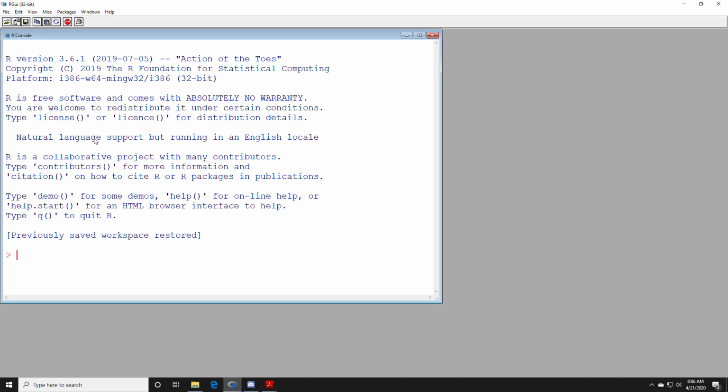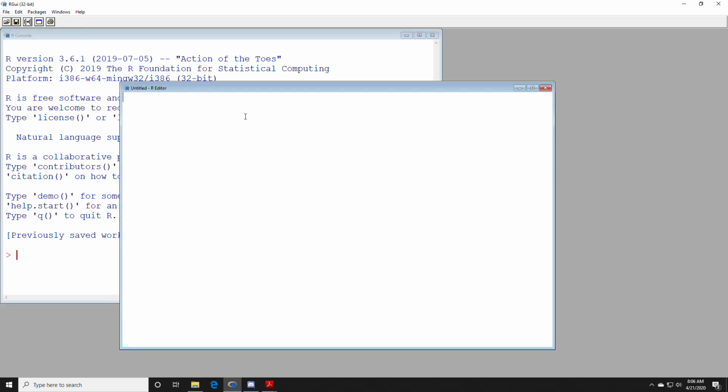In general, n choose x is n factorial divided by x factorial times n minus x factorial.